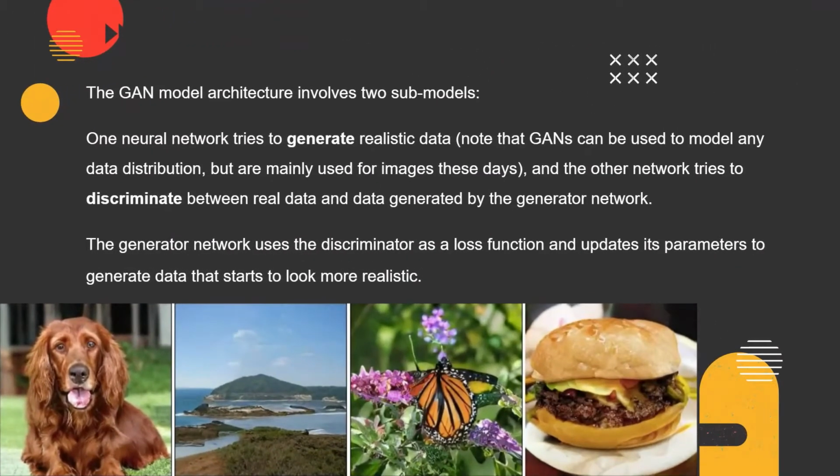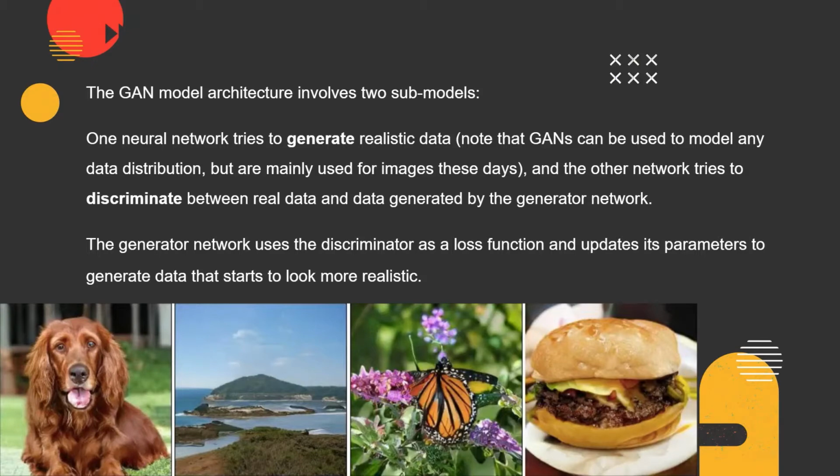The GAN model architecture involves two submodels. One is the generator and the other is the discriminator. The work of the generative model is to generate new realistic data that is significantly similar to the original information, or original text or image or any data type that we feed into the generator.